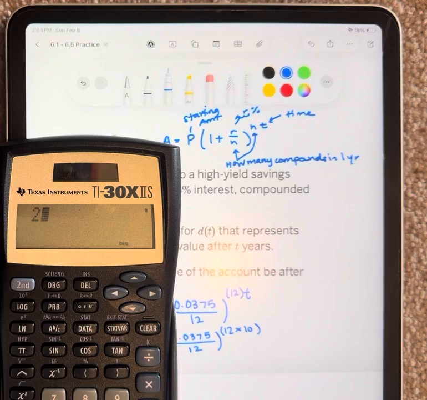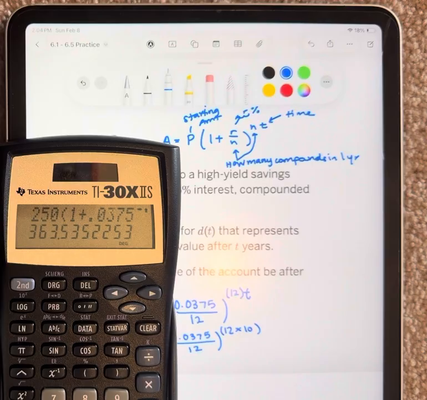You just have to tell it 250 times 1 plus 0.0375 divided by 12. Close the parentheses. Hit that little caret button, raise it to the power of. Now, because we have 12 times 10, we need to put the 12 times 10 in parentheses. 12 times 10.